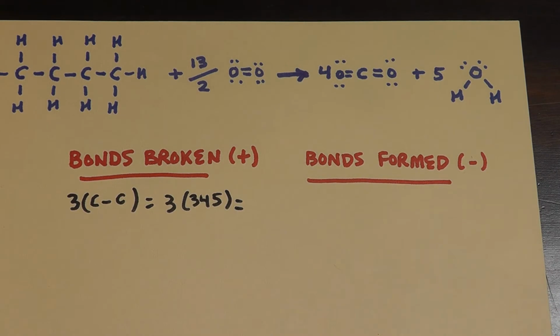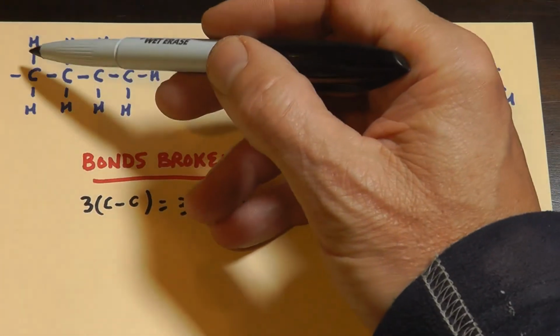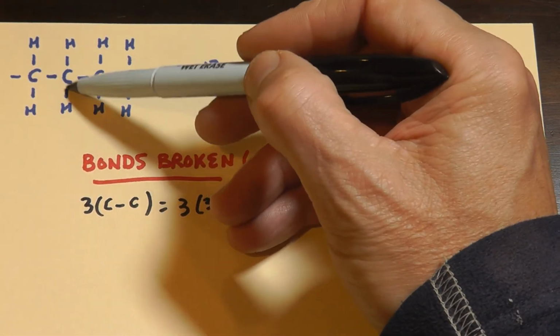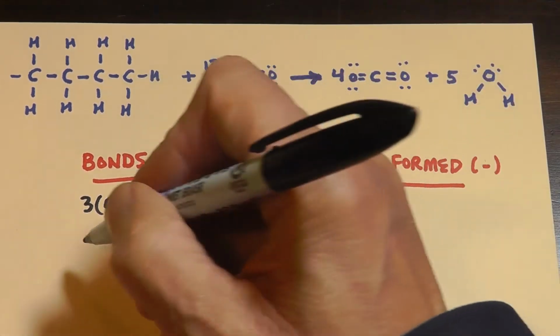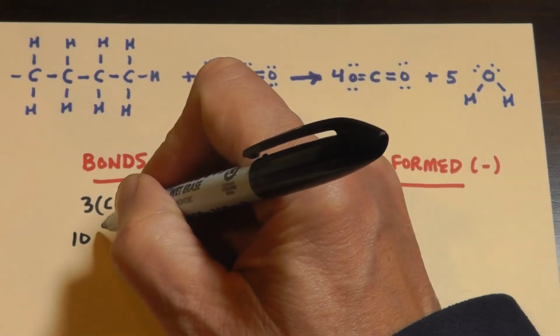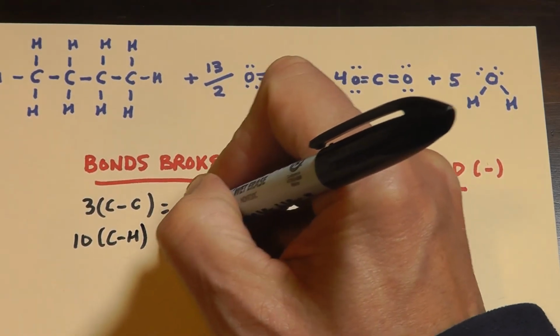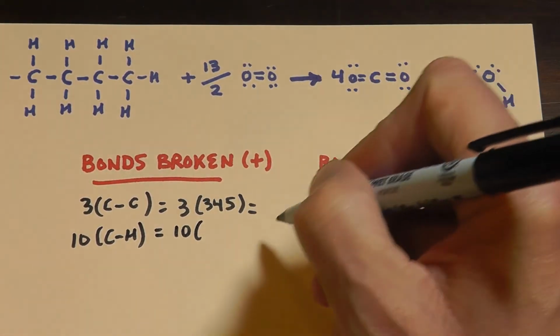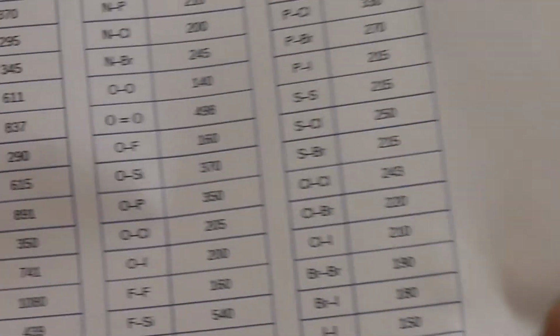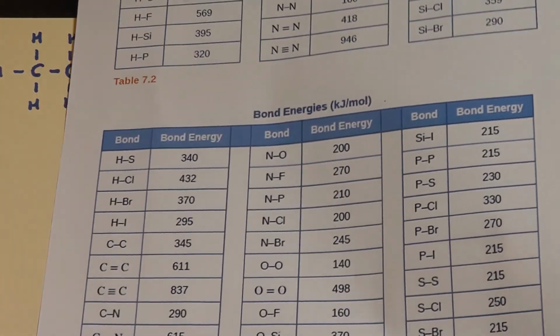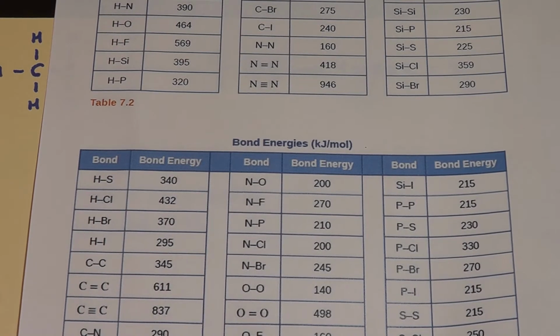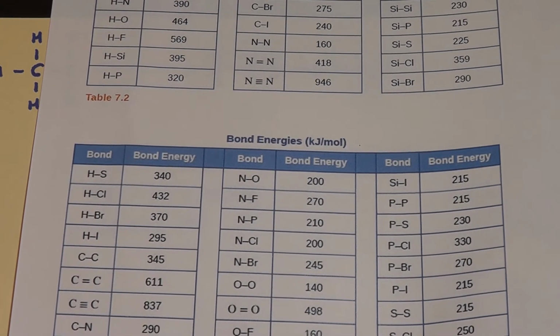And now what else do we got? We got a whole bunch of CH bonds. So we got 1, 2, 3, 4, 5, 6, 7, 8, 9, 10. So we got 10 CH bonds. And that's going to be 10 times some number I pull off the chart here, which is going to be, hey, CH bonds, where you at?